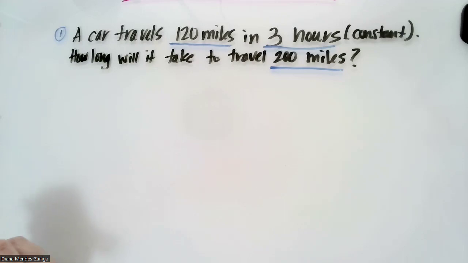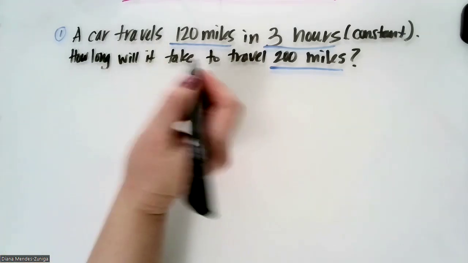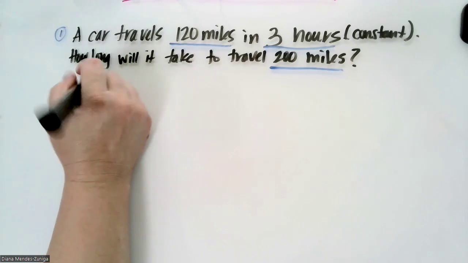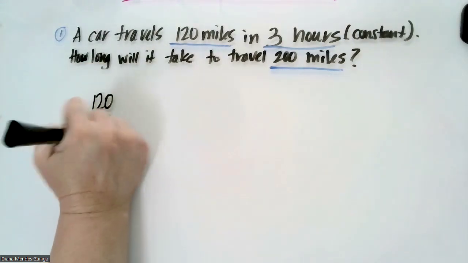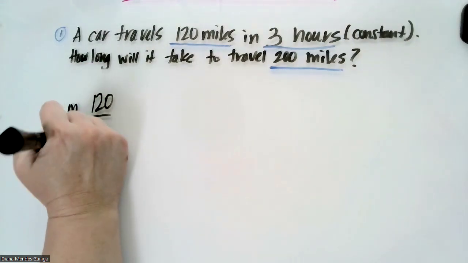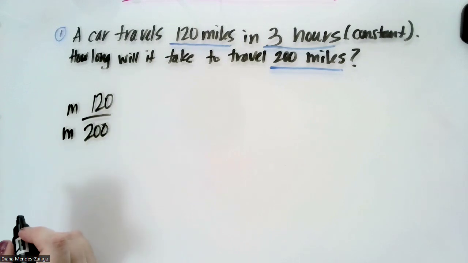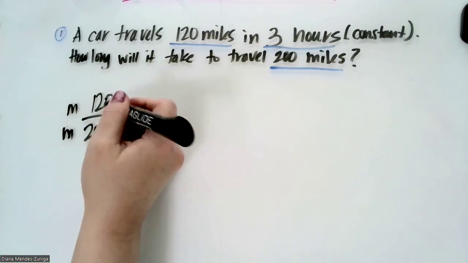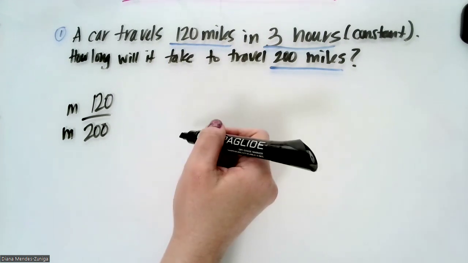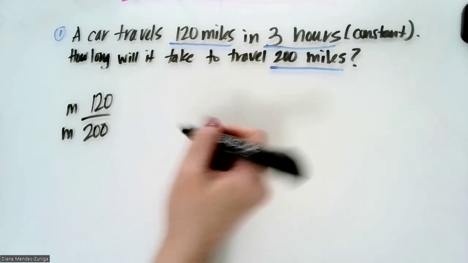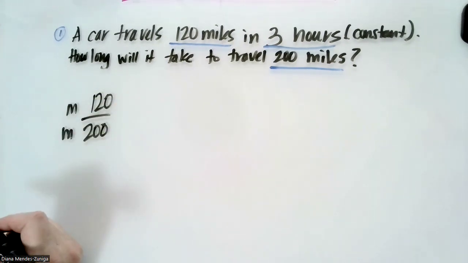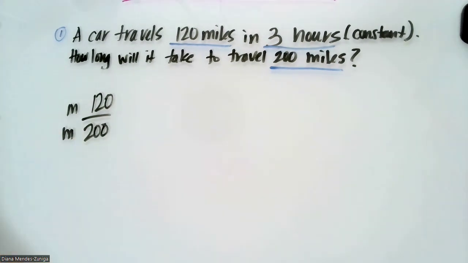Okay, what I can tell you is that if you take 120 miles and 200 miles and you think it's like this, both of these are miles. So that's not going to be possible. On one side, you need miles and hours, and on the other side, you would need miles and hours because those have to match up. So right away, you know that you've done this wrong. Okay, this would need to be adjusted.